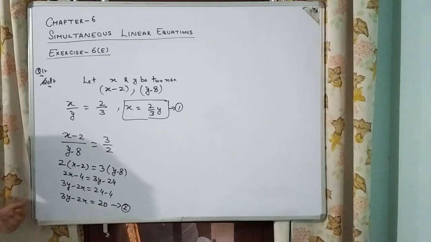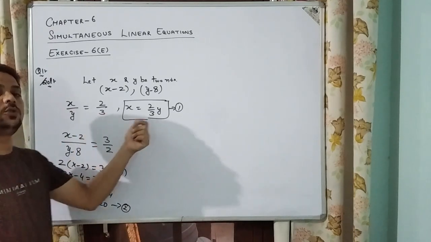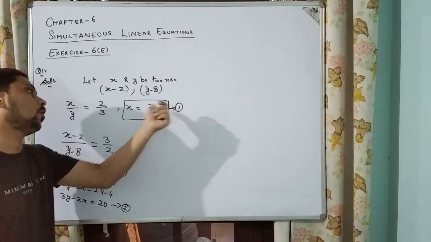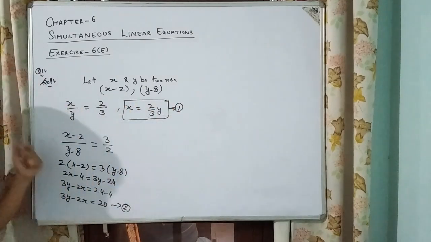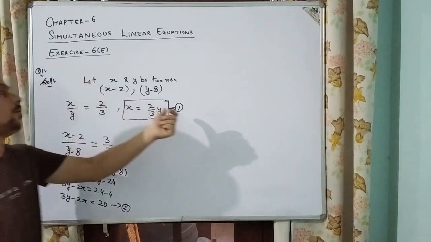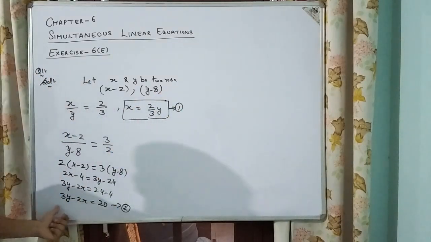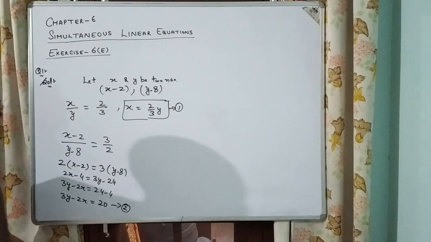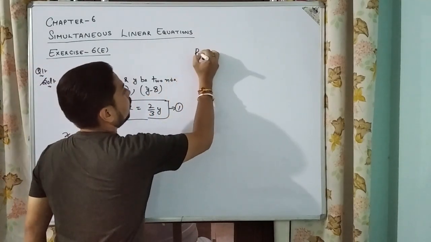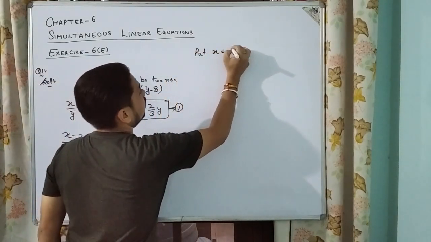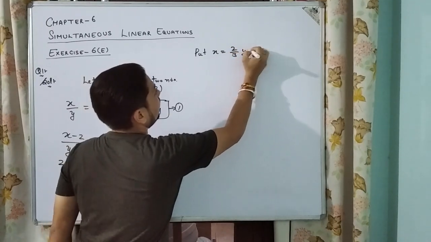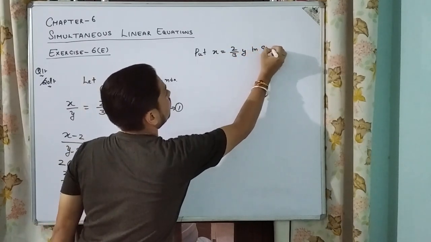So using the substitution method, the second method, we are going to solve these two equations. From the first equation we have x is equal to 2/3 y, and the second equation is 3y minus 2x equal to 20. Put x is equal to 2/3 y in equation 2.